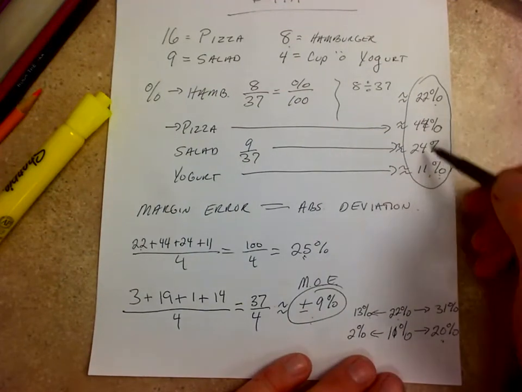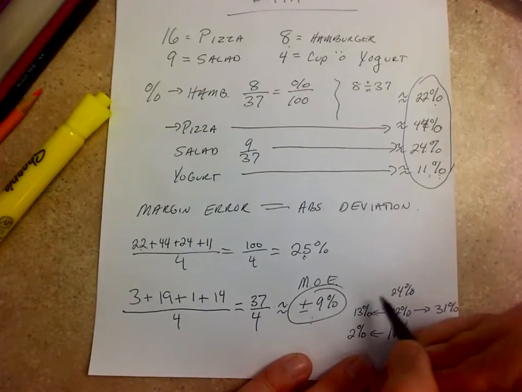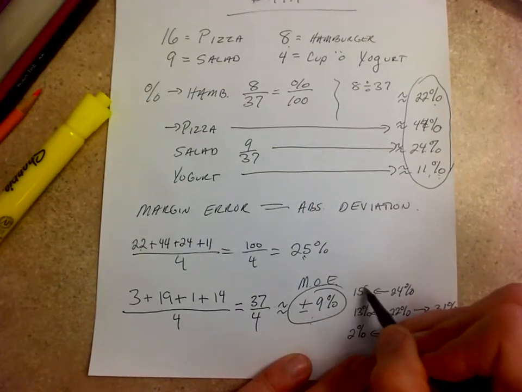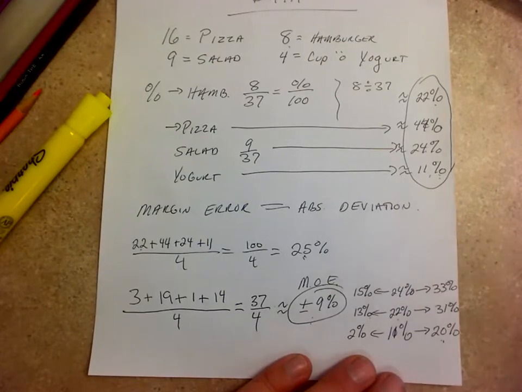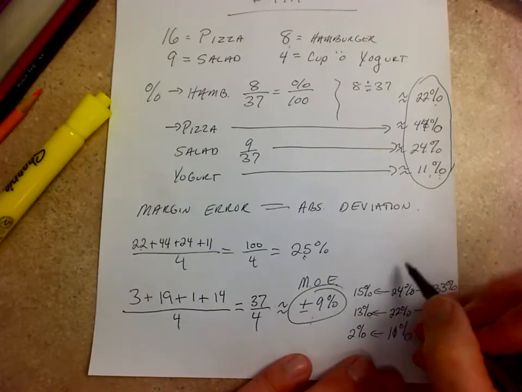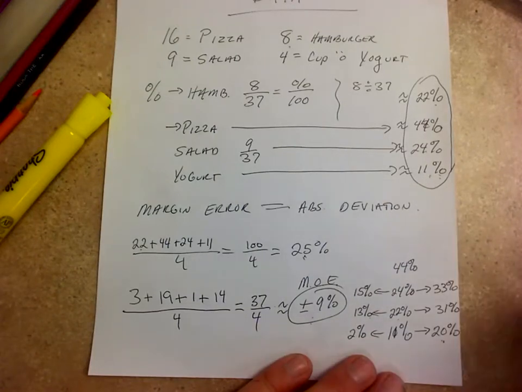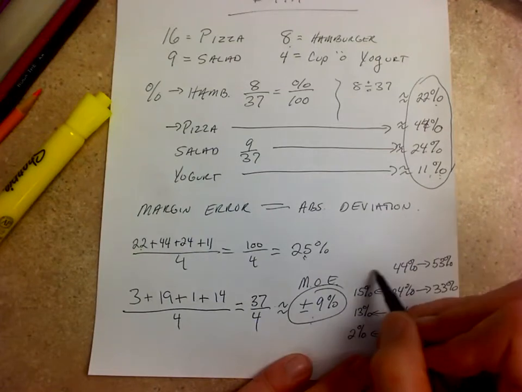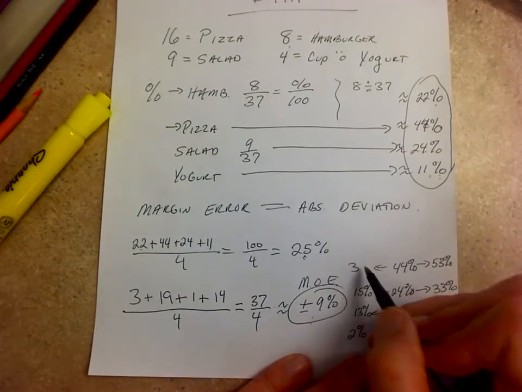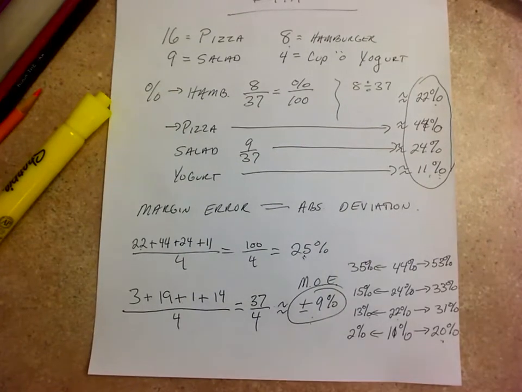All right, and if we keep on going, for the salad, we reported 24%. The salad could have as little as 15% of the votes or as much as 33% of the votes. Pizza got 44% of the votes. They could have as much as 53% of the votes or as little as 35%.